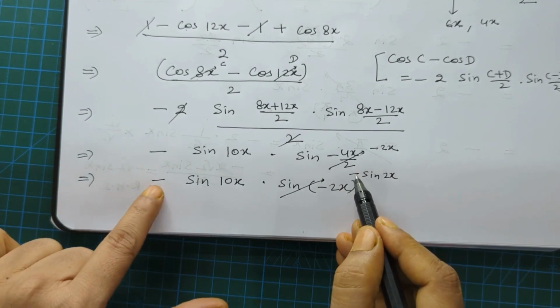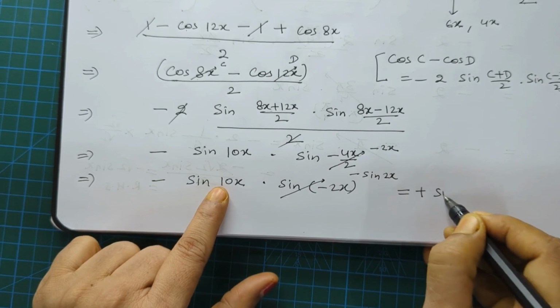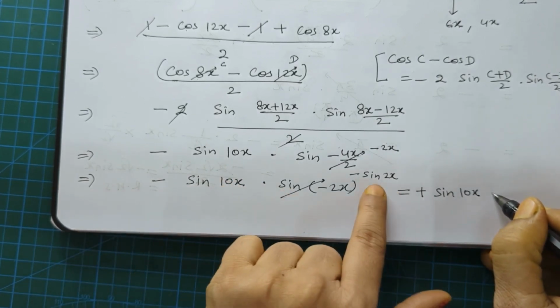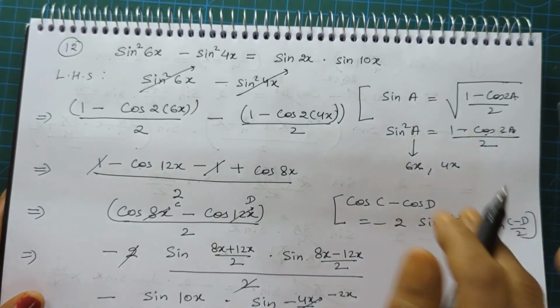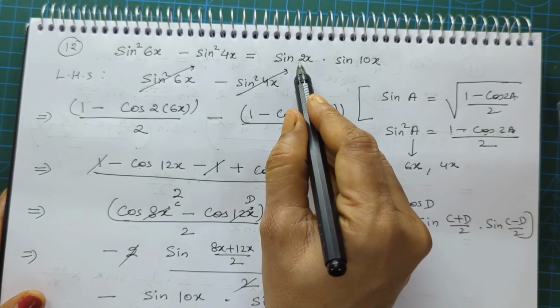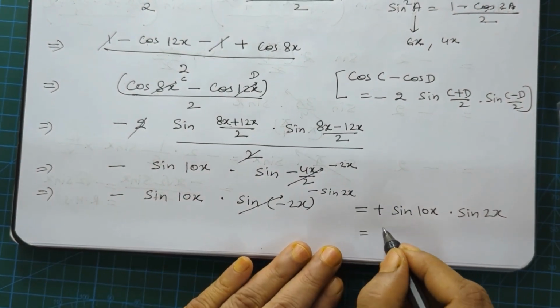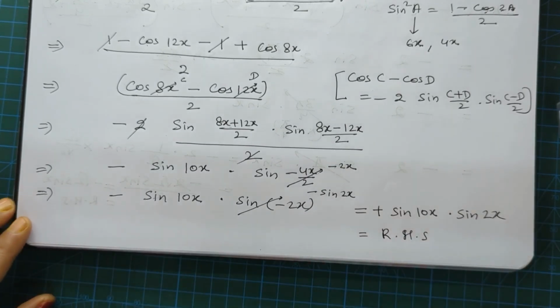Negative of negative is positive, and ultimately we can write plus sine 10x times sine 2x, and this is the right hand side. Sine 10x times sine 2x is the right hand side. So here we started from LHS and we came to the right hand side, hence the identity is proved.